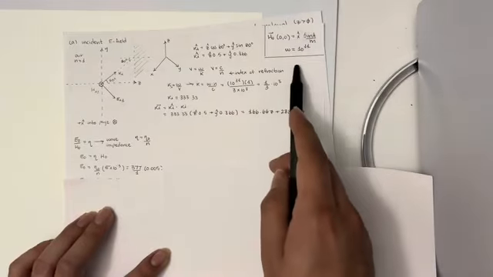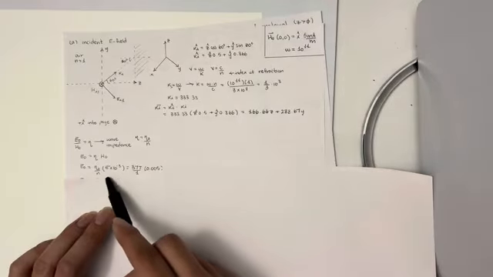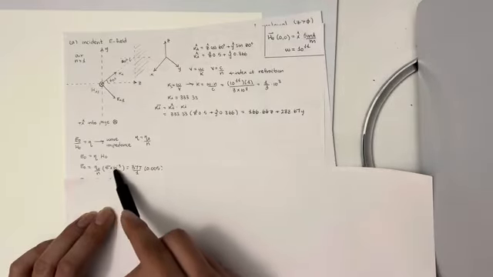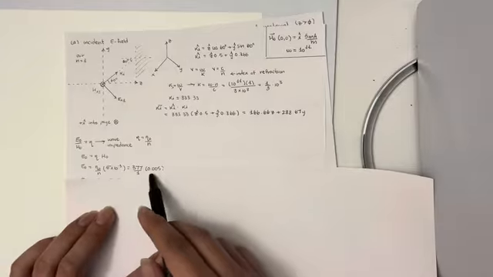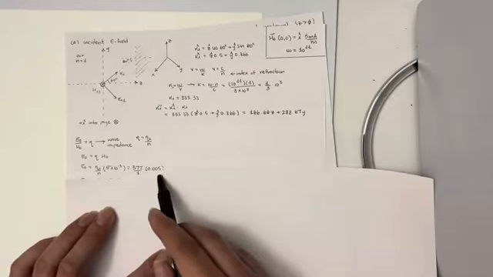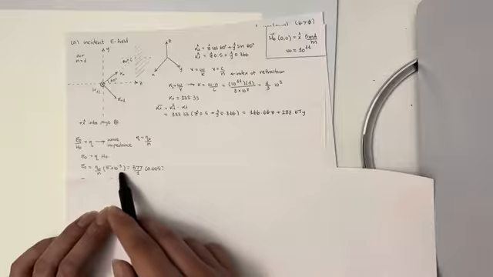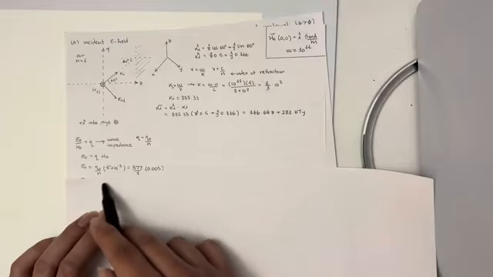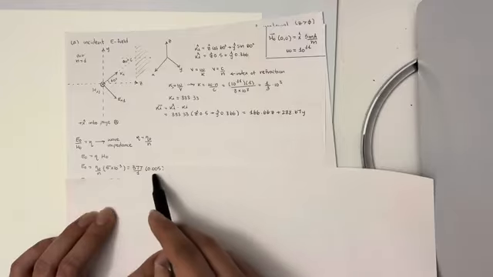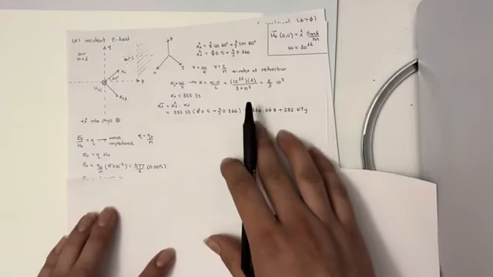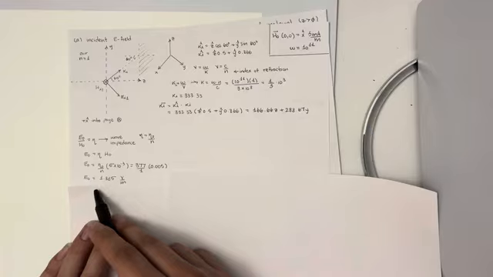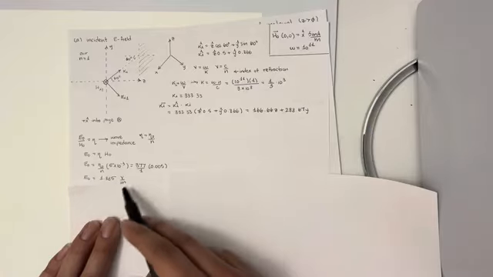We can convert that into normal amps by multiplying by 10 to the negative 3, which is just 0.005, basically moving the decimal place over to the left 3 times. That gives us a magnitude for the E field of 1.885 volts per meter.